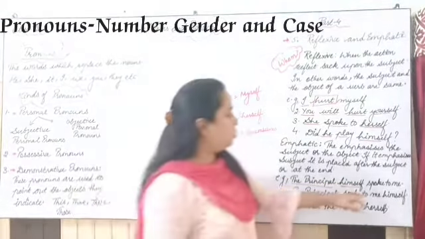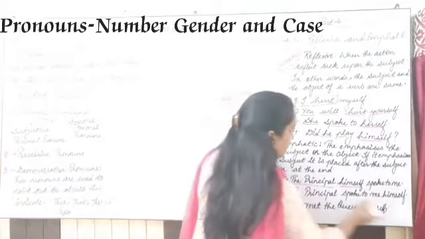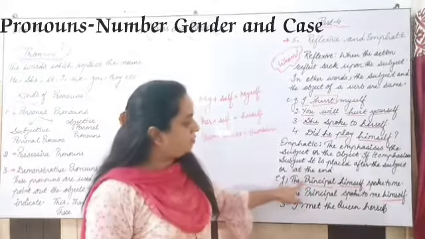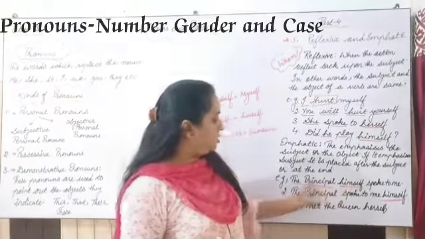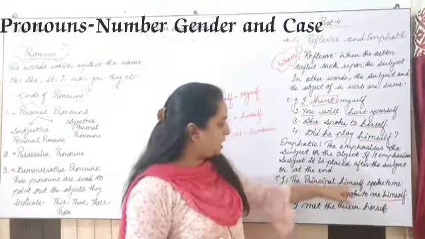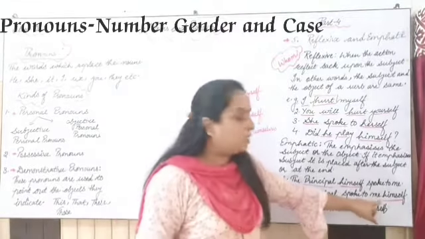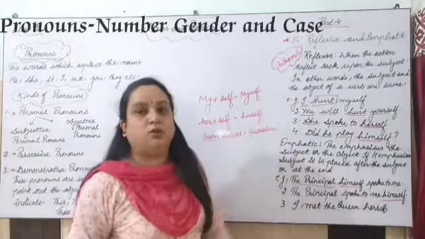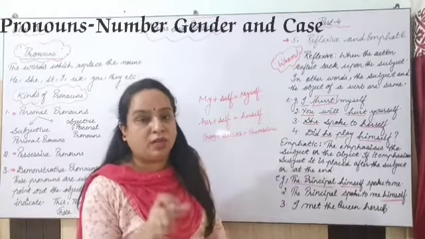The principal spoke to me himself. So here it is at the end. Clear? The principal is in the starting as the subject here, and me as the object.